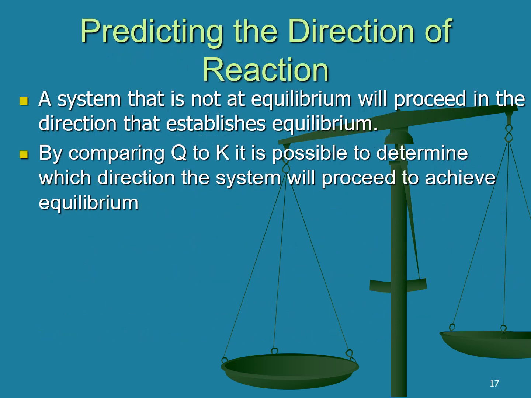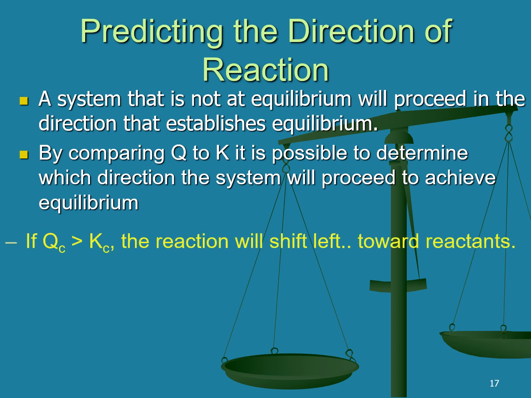Okay, and then, like I said earlier, we can determine if a system is at equilibrium or not, and we can decide what direction it will go to get to equilibrium, and we do that by comparing Q to K. Let's remember K is products over reactants.